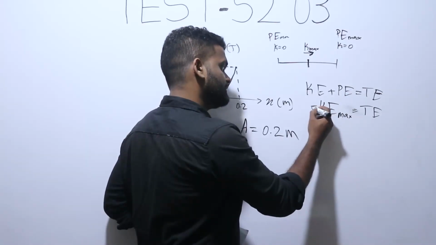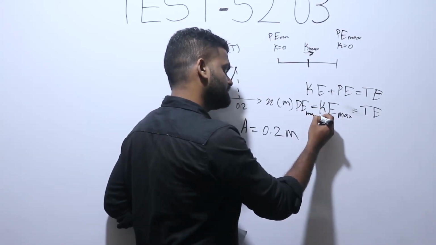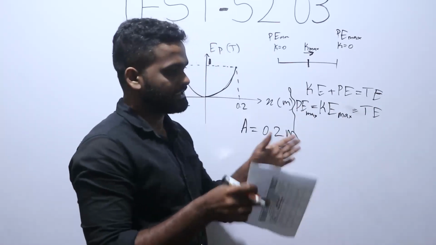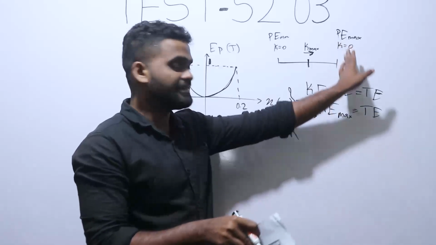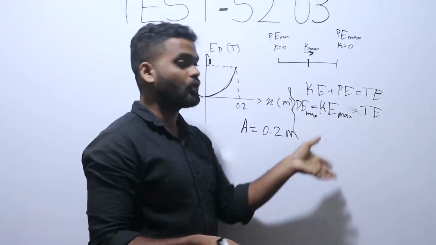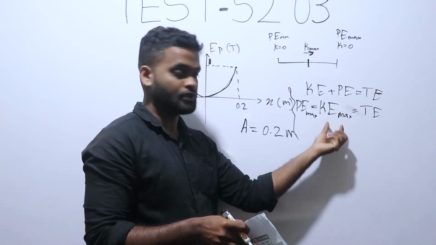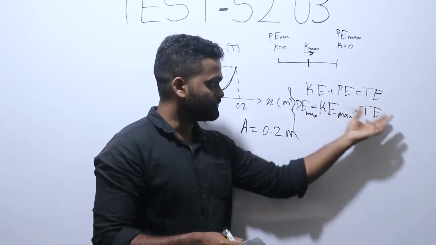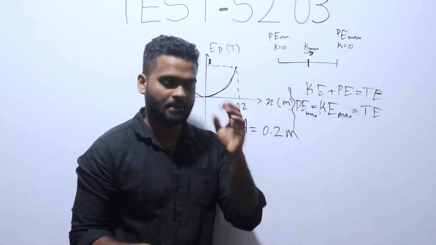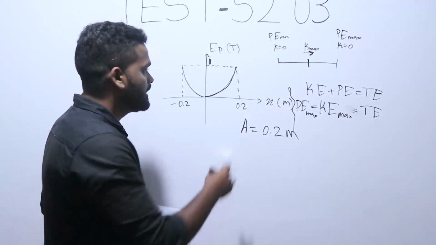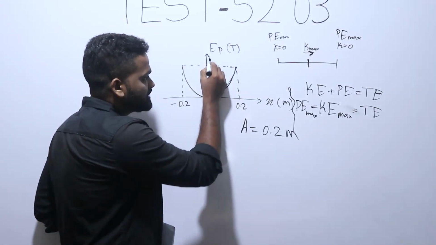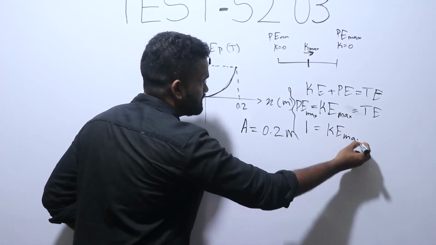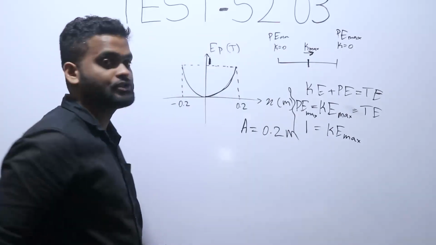This total energy is also equal to PE max, because the total energy is potential energy at the amplitudes, and at the center the total energy is kinetic energy. So maximum kinetic energy and maximum potential energy are equal to the total energy. Here the maximum potential energy is 1 joule, so that is equal to KE max, the maximum kinetic energy.